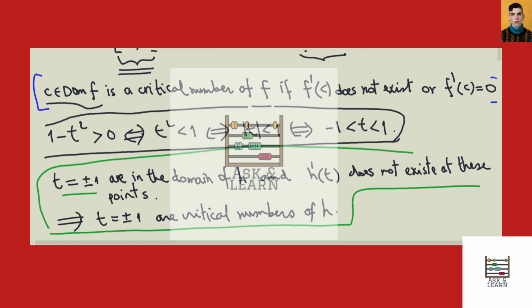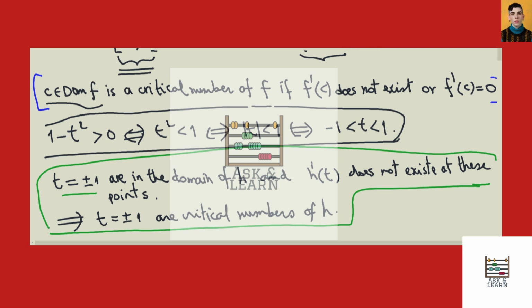So these points, -1 and 1, are in the domain of the function h, and besides that, the derivative at those numbers, 1 and -1, does not exist.